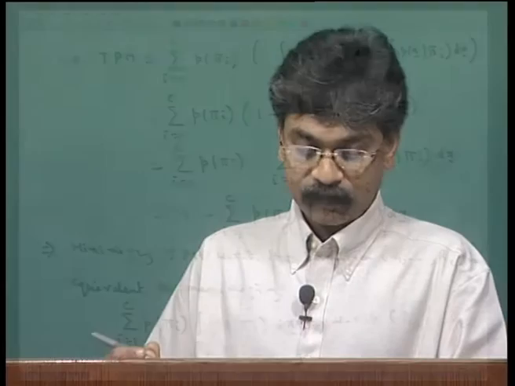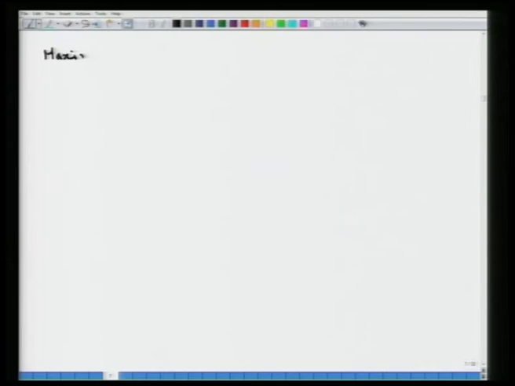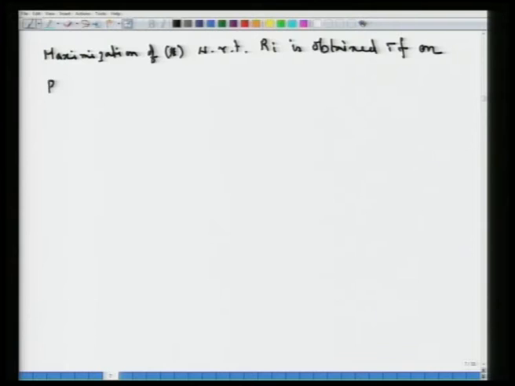So, what we have finally is that the maximization of star with respect to Ri is obtained if, on Ri, the corresponding expression p of pi i into p of x given pi i is the maximum.